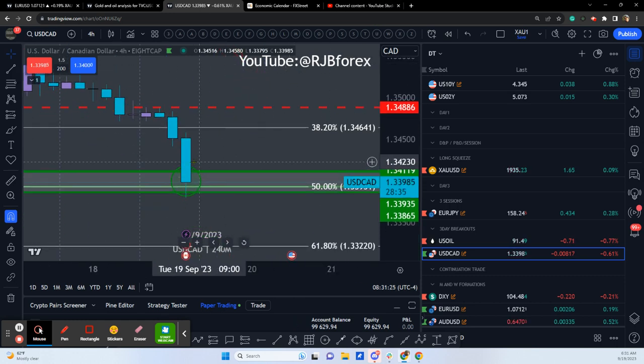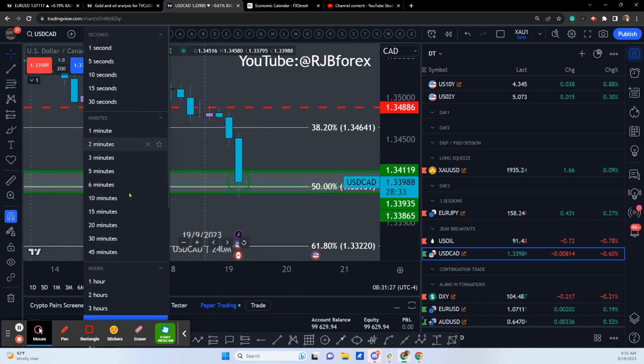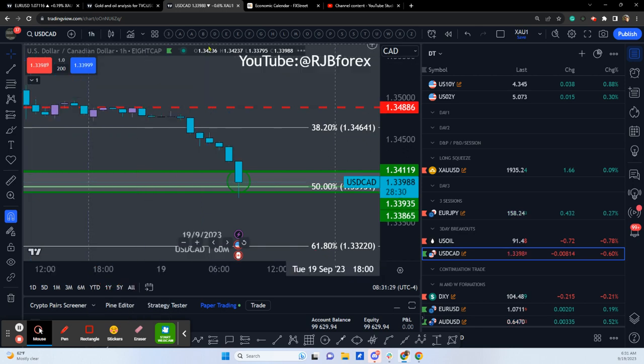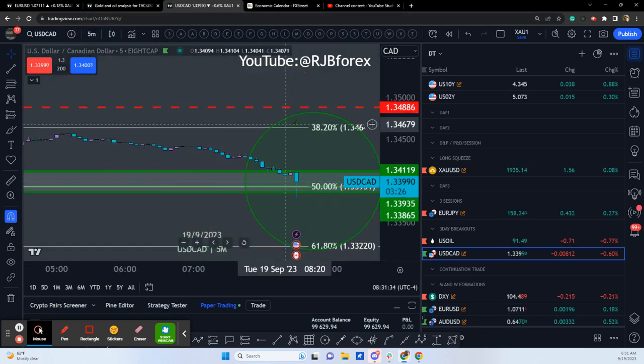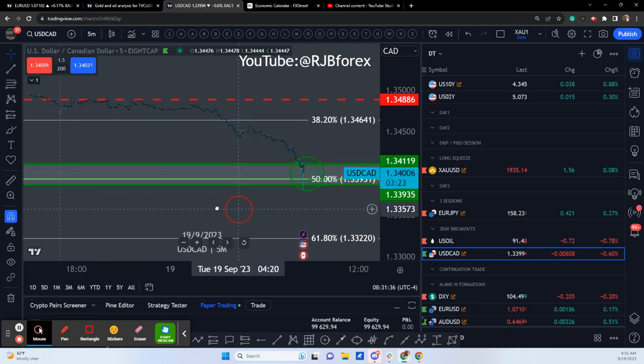So we've come into this demand area on the back of this. To the 5 minute chart. So pop lower. Remember, we're looking for deceleration.